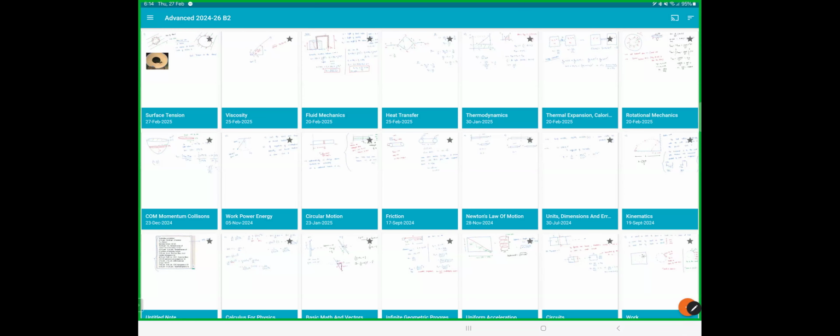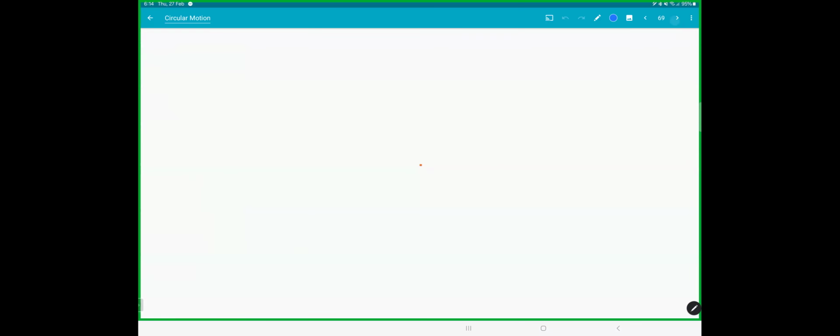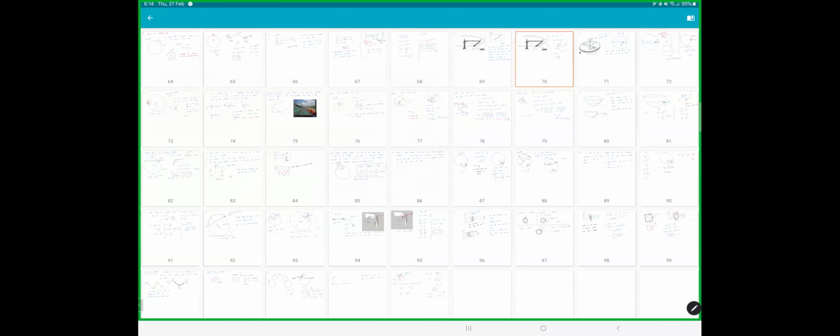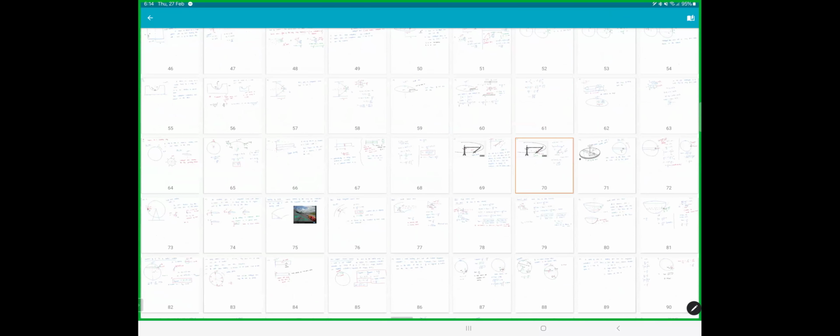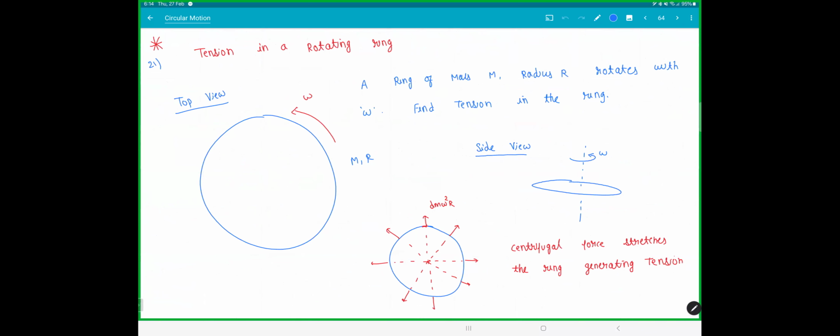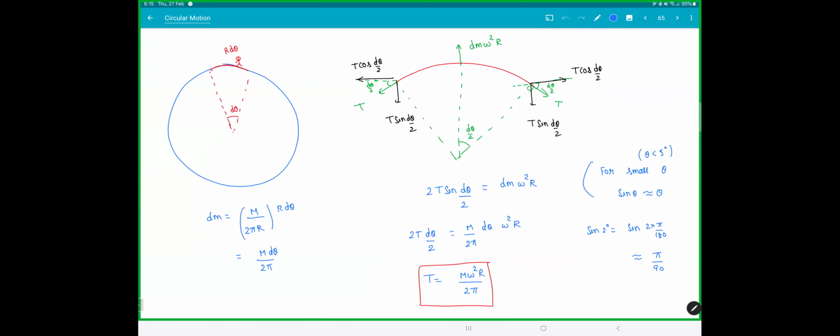If you take a ring and rotate it with omega, there's a centrifugal force. The centrifugal force is pulling the ring away in all directions, because of which the ring will be under tension. Remember this video, the disc shattering one? And we have done it like this.